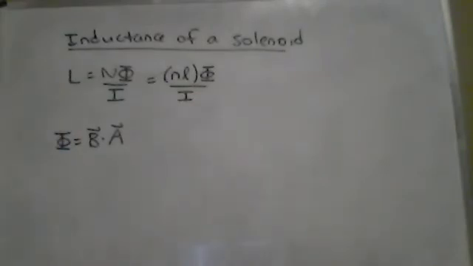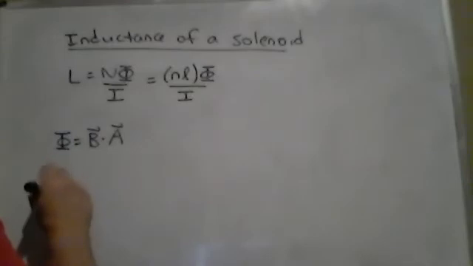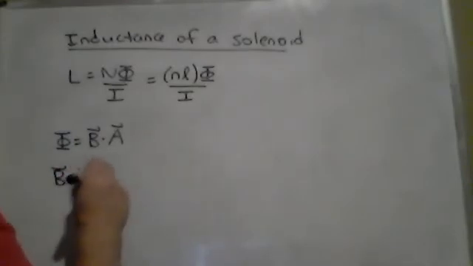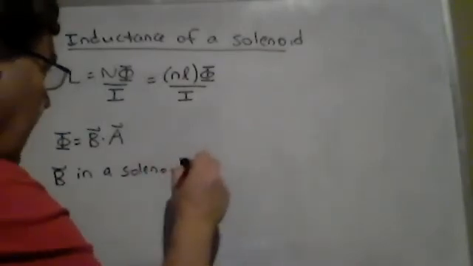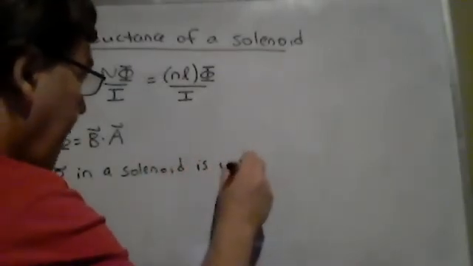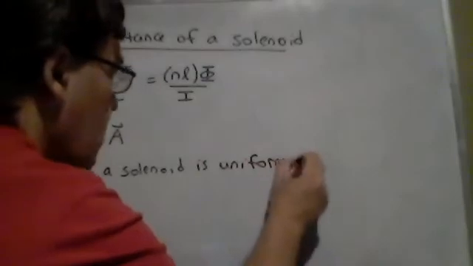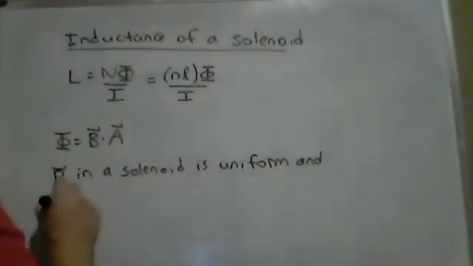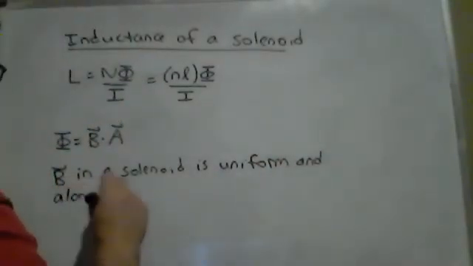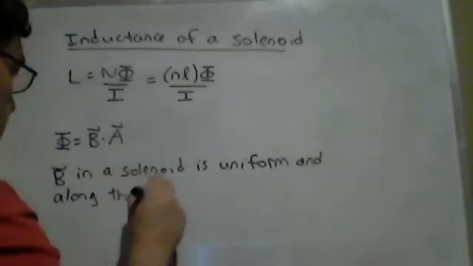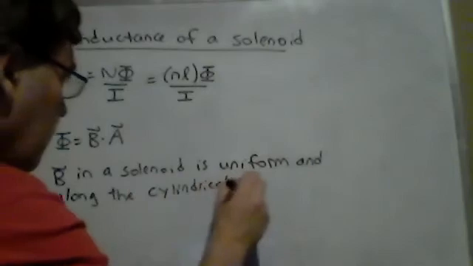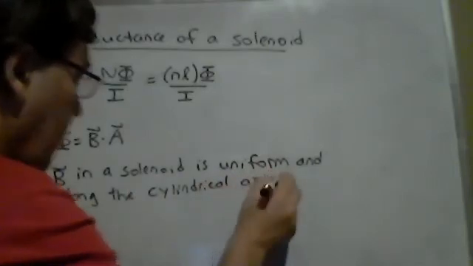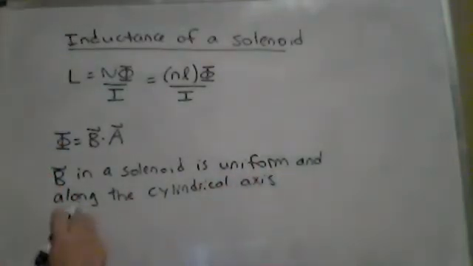Well, B in a solenoid is uniform and along the cylindrical axis. Nice uniform magnetic field.